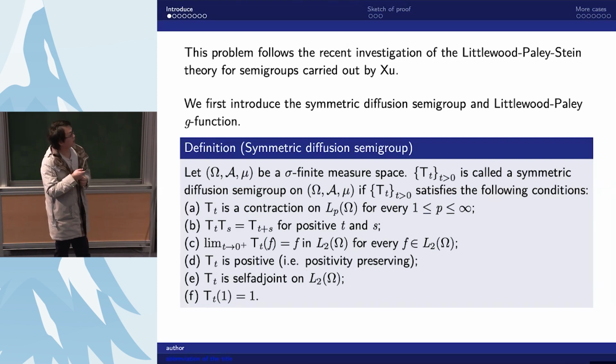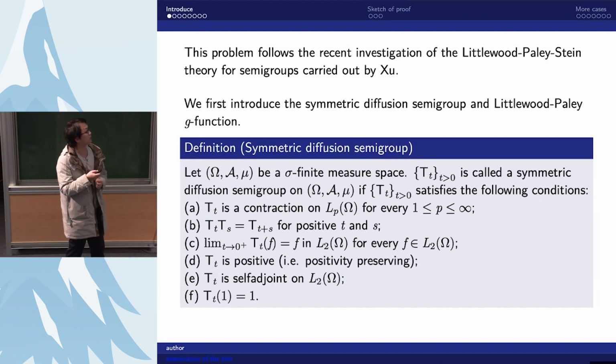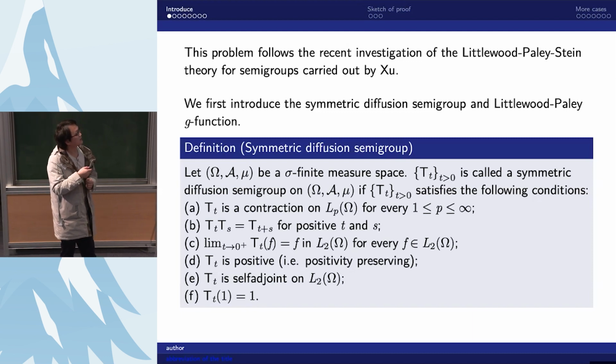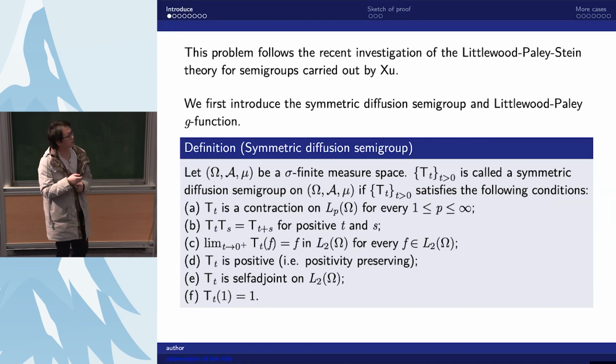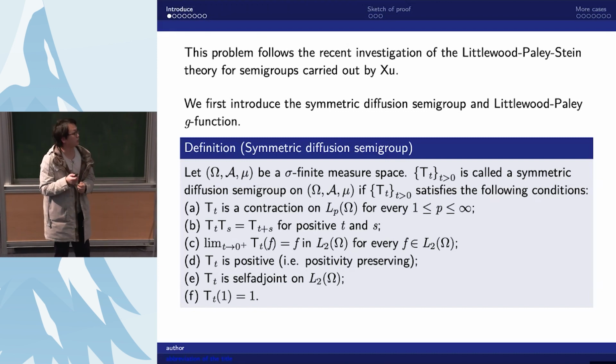Condition A says that T_t is a contraction on every L^p. Condition B is the semigroup property for T_t. Condition C means that as t goes to 0, T_t f goes to f in L^2 for every f in L^2.